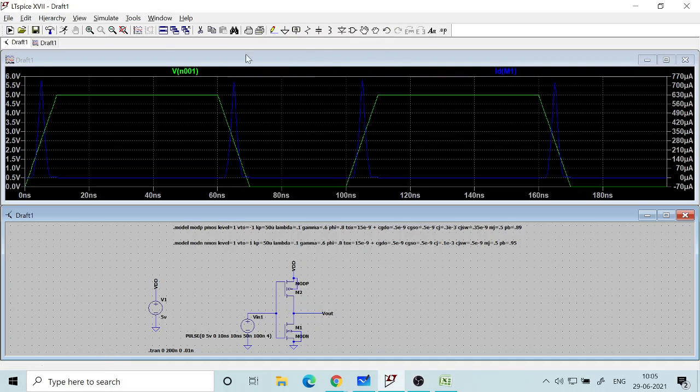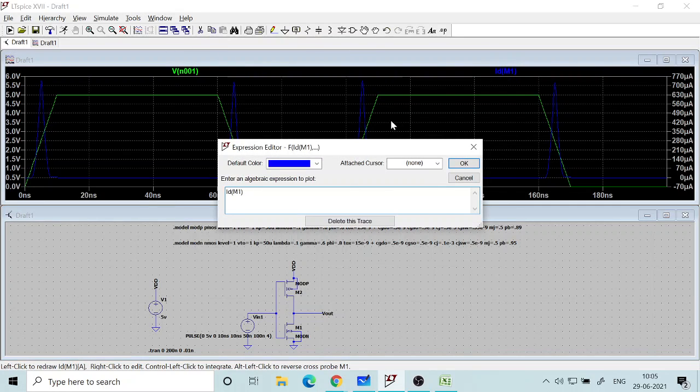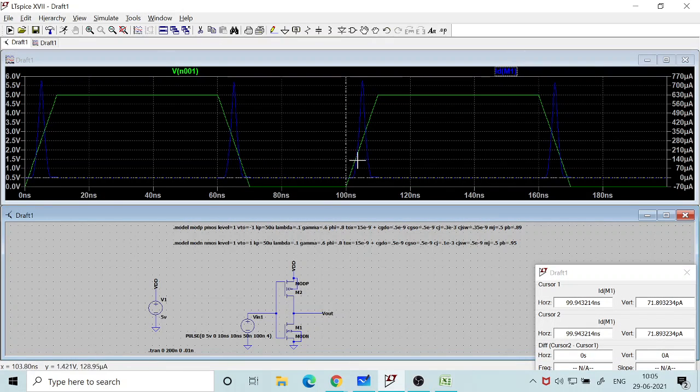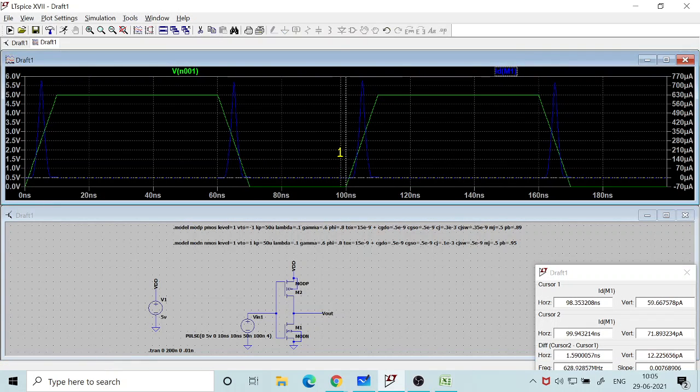Okay, so let me take the cursor. I'm going to place the cursor at the location where the current is starting, and then another cursor at the point where current is stopping. These are the 2 ends of the triangle that you see.